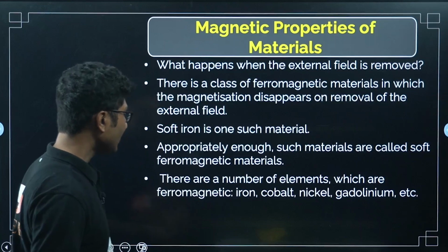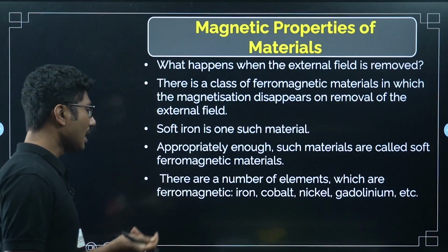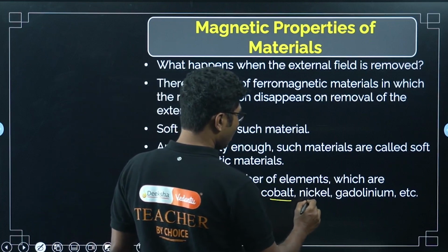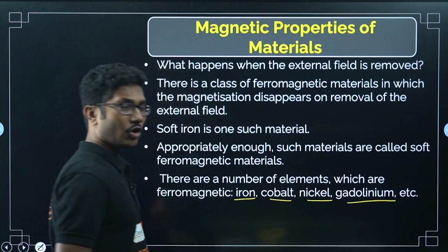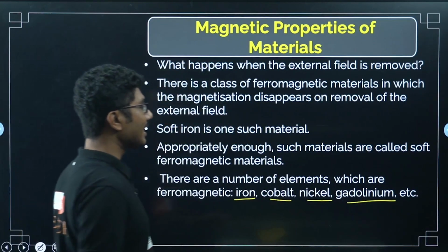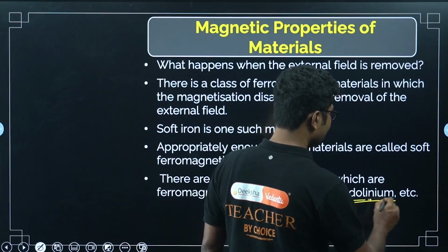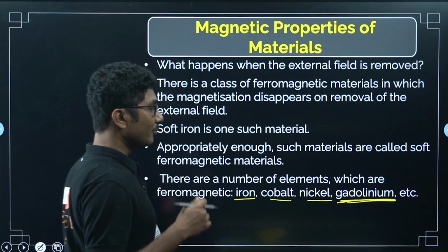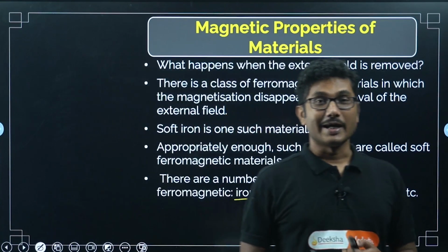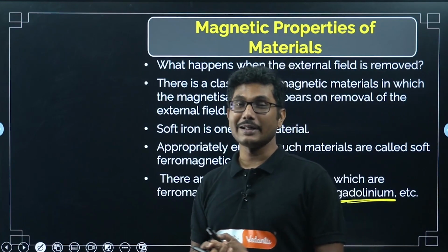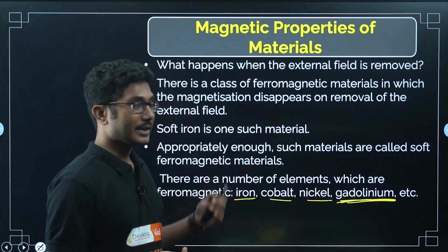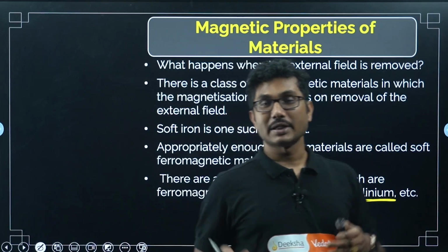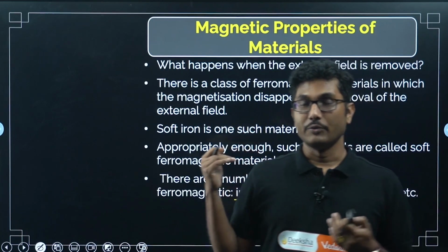There are a number of elements which are ferromagnetic: iron, cobalt, nickel and gadolinium are all ferromagnetic at normal room temperature. Gadolinium is a very interesting material. We did some experiments when I was doing my masters in physics. Gadolinium is a ferromagnetic material, and its Curie temperature, unfortunately deleted from your syllabus, was within room temperature.